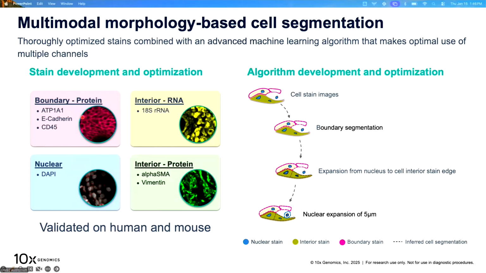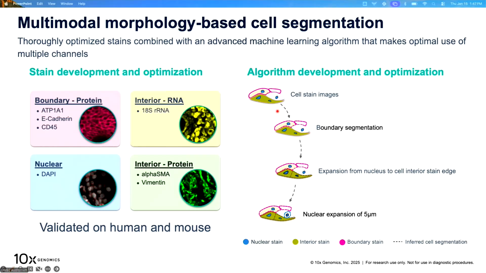We have 3 different stainings for a boundary, for the cell membrane, 3 different stainings for the interior of the cell, for the cytoplasm, and then a DAPI staining. Essentially, here we have an algorithm that looks at each staining and works in a hierarchical fashion and picks the best combination in order to segment a particular cell type. And again, it works pretty well.